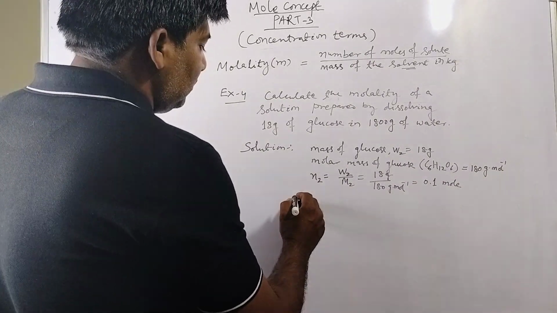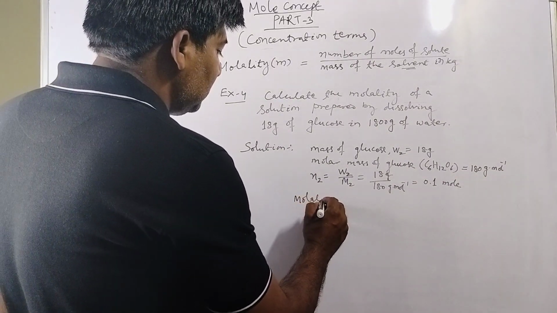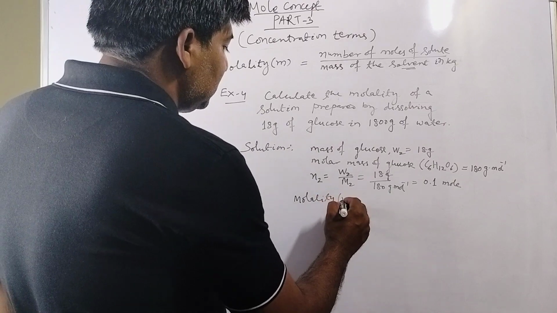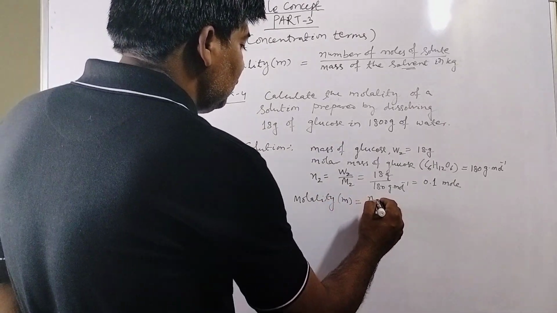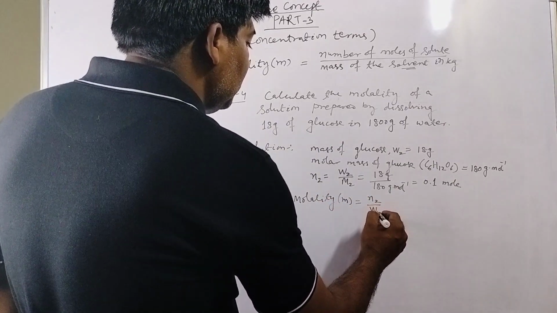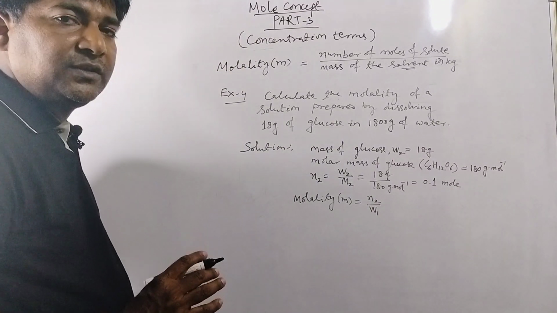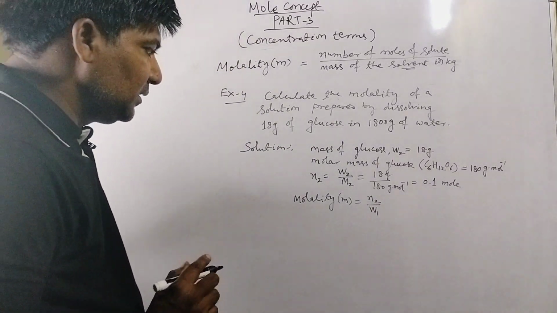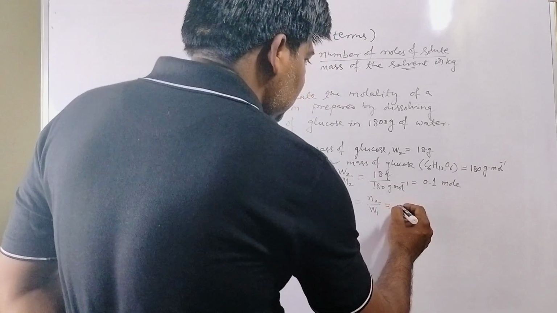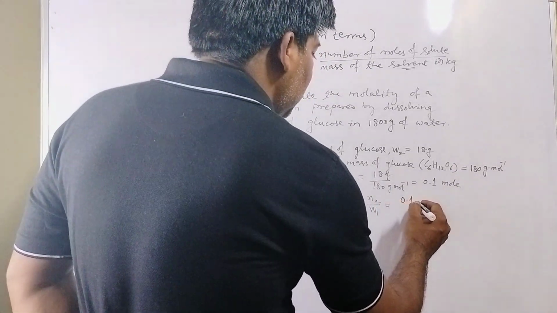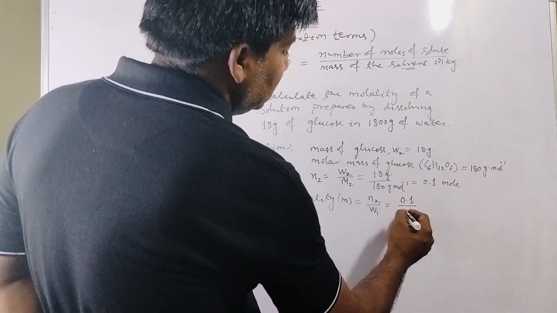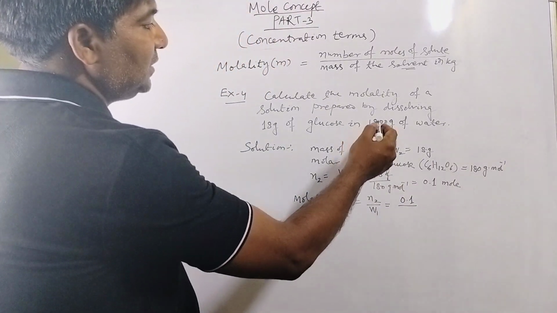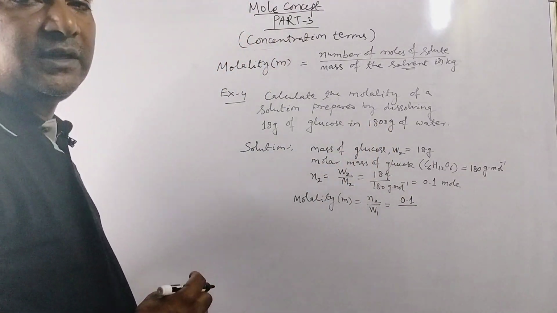So now molality is given by N2 by W1, W1 for mass of solvent in kg, that is 0.1 by mass of solvent. You see, it is 1800 gram.